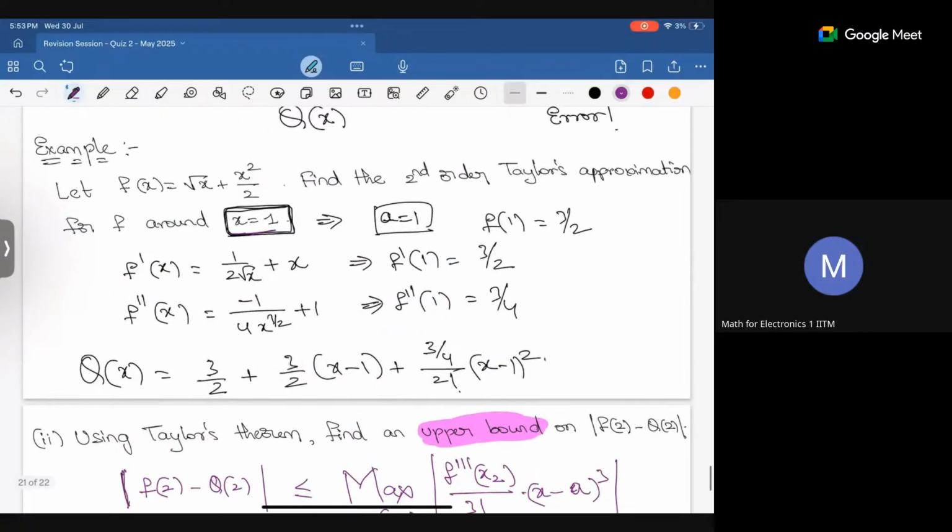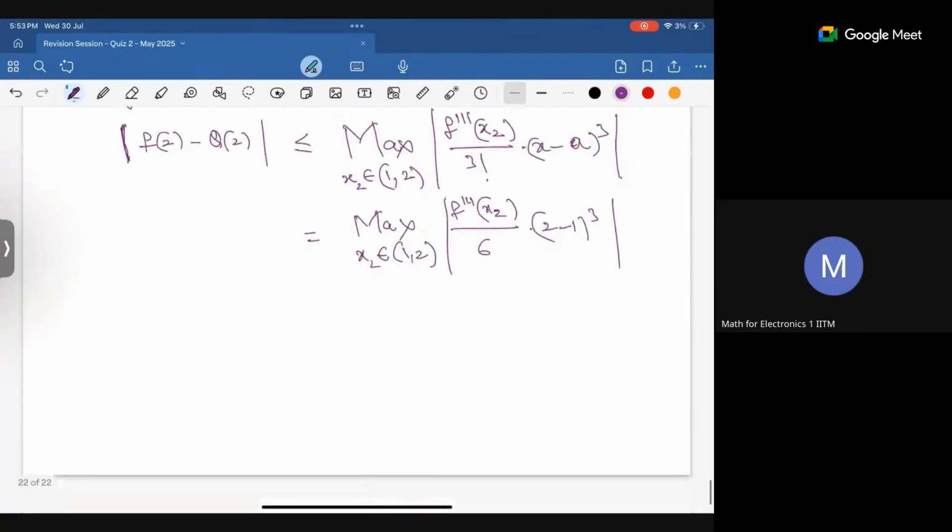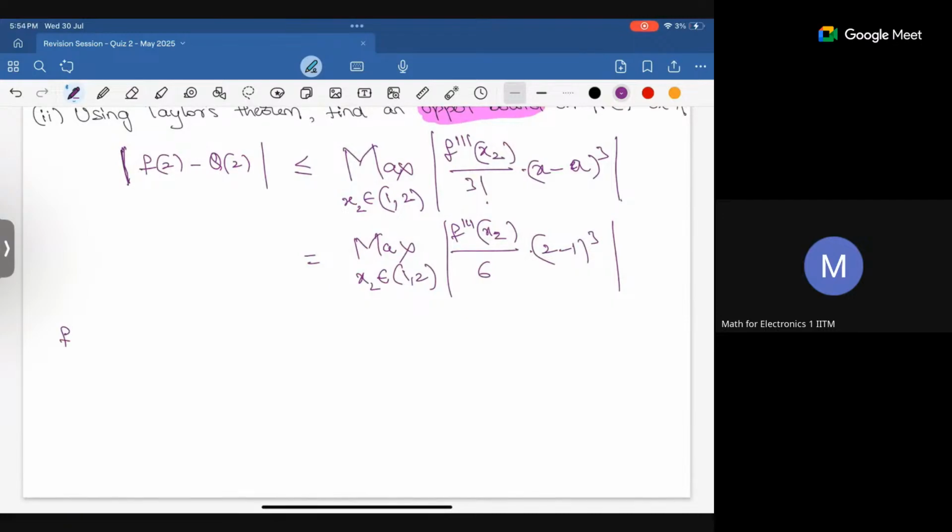If you scroll up, we have f double prime of x to be this. From this, we have to compute f triple prime of x. f double prime of x we have as minus 1 by 4 into x power 3 by 2 plus 1.